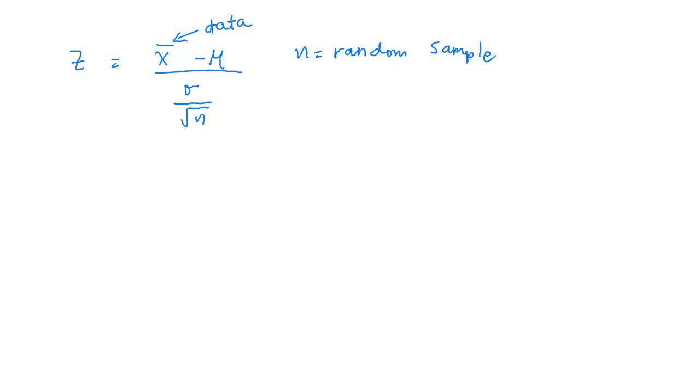The mean is 876 and then standard deviation is 50. The n is the random sample or the sample size that's given in the problem, we got 53.